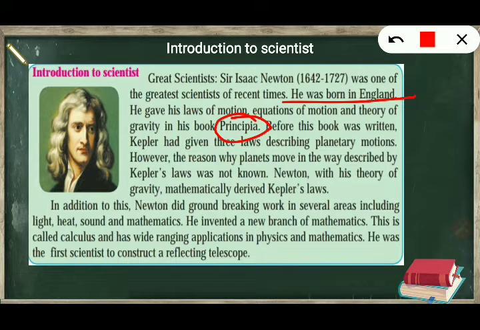He had also given the three laws describing planetary motion. Newton also contributed to the fields of light, heat, and sound, plus mathematics. In mathematics, he invented a new branch known as calculus.